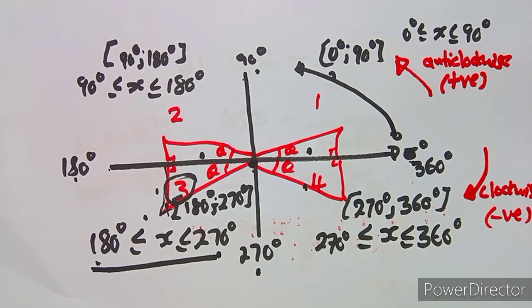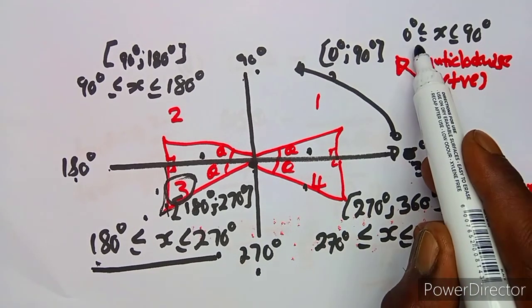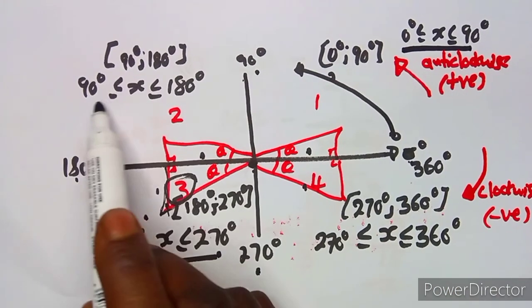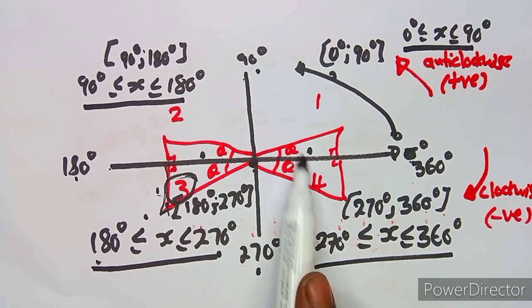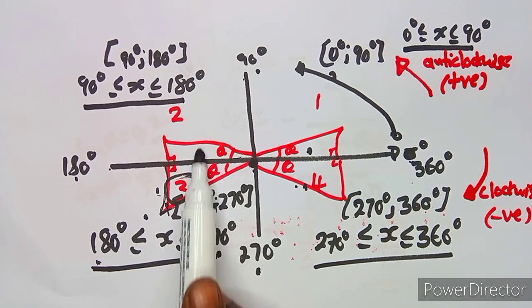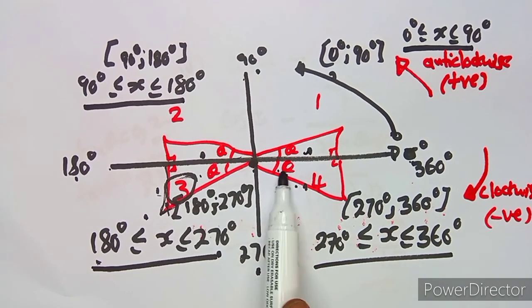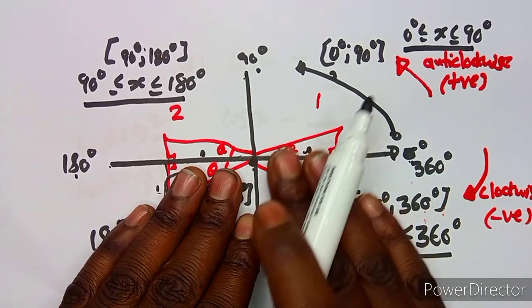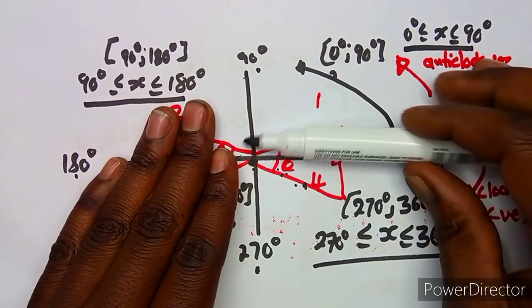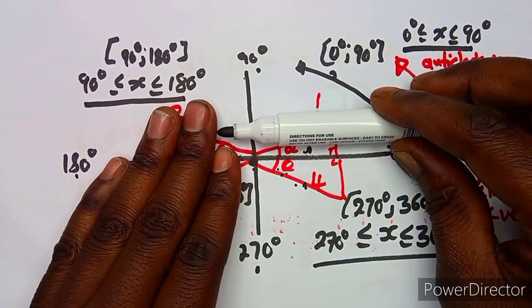Each and every quadrant is indicated with a certain interval, and each and every quadrant has a triangle like this. This is how you draw each triangle in the quadrant. If it is in the second quadrant, your triangle is going to be like this. If it was in the fourth quadrant, your triangle is going to be like this.